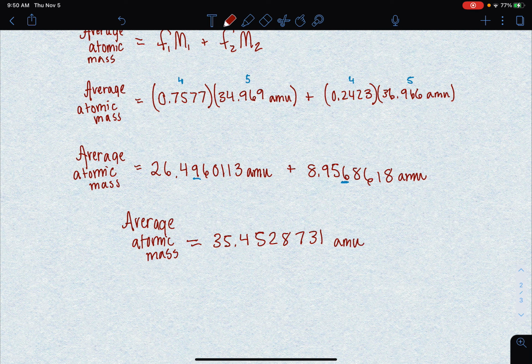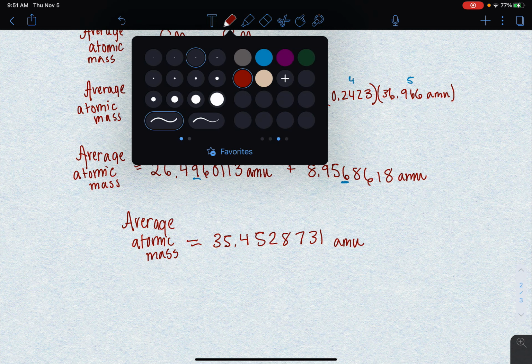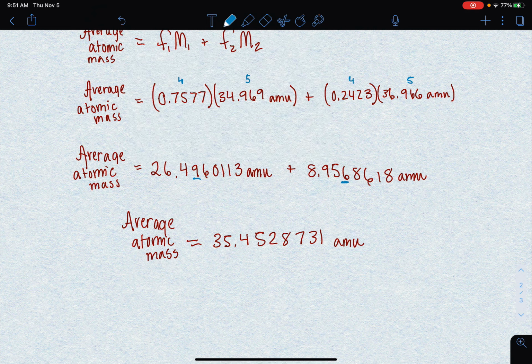Of course, we have to round this for sig figs, so let's think about that for a second. I got that number by adding. The rule for adding and subtracting is that you look at where the last significant figure is, and that tells you where to round your number. For our first number that we added, 26.496013, the last significant figure was that 9 that is underlined. So that's going to be 2 decimal places.